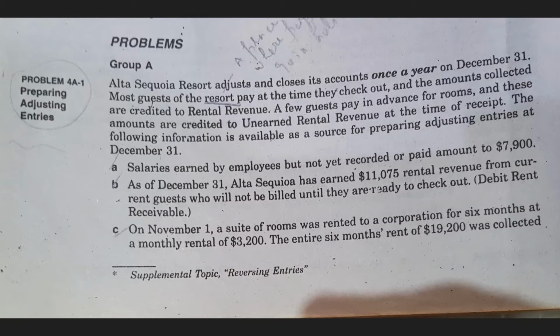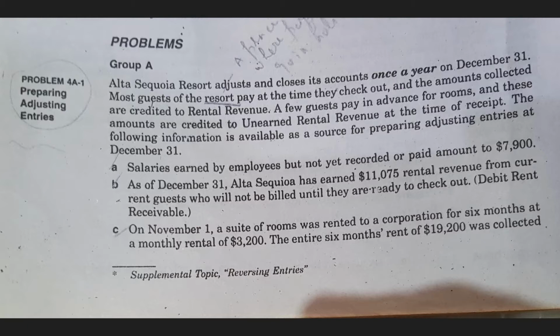A few guests pay in advance for rooms, and these amounts are credited to unearned rental revenue at the time of the receipt. So there are a few guests who make payments in advance, but the amount which is collected in advance from the customers is termed as unearned rental revenue, and it is considered a liability until some part of that revenue is earned.